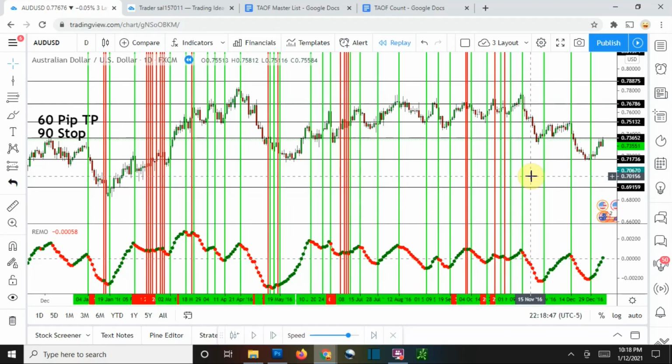Another thing that it has going on for it is the fact that it gave a lot of signals, but it gave a lot of accurate signals. And that is a rarity. That is not something that we typically see in an indicator.